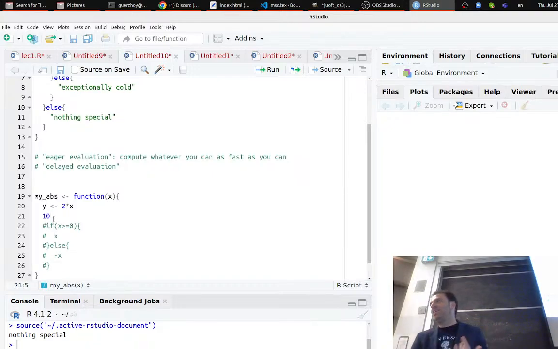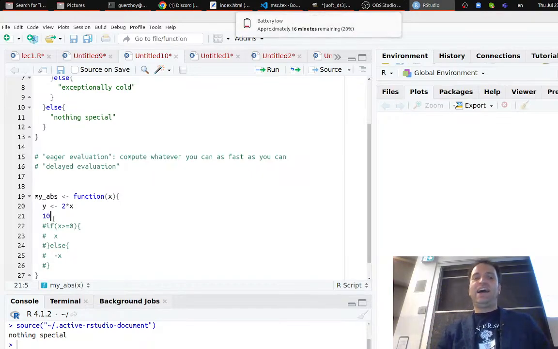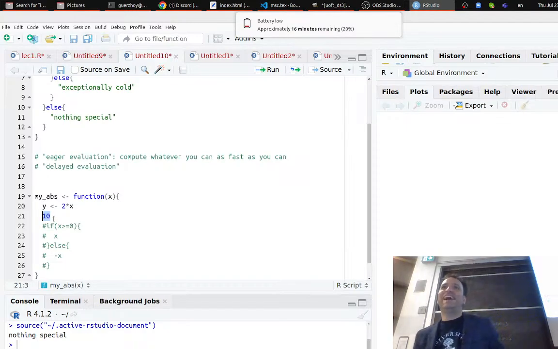So you might have something like this, and then once you get to the 10, you say, well, I guess I didn't need the x because I'm done here. So to be clear, R does not do that by default. In some situations, especially when you're querying a database, that kind of thing might actually happen.